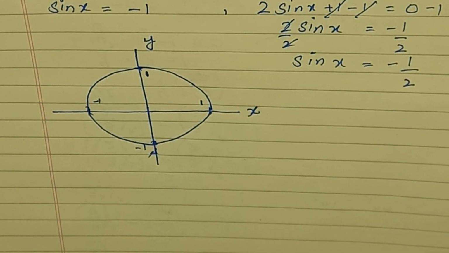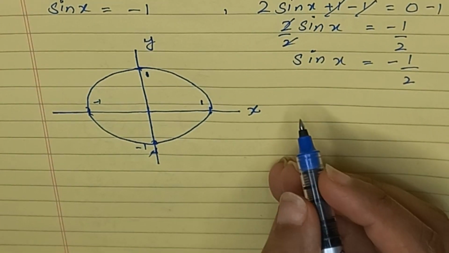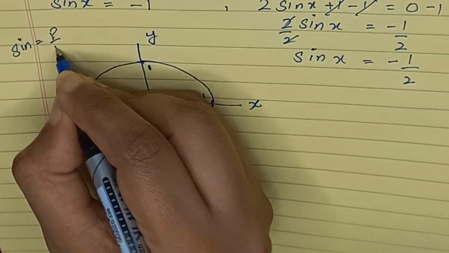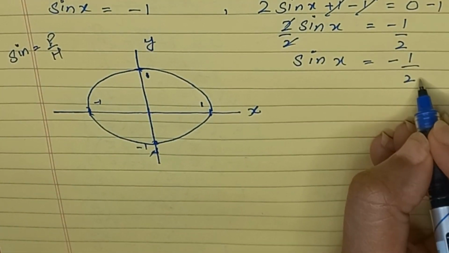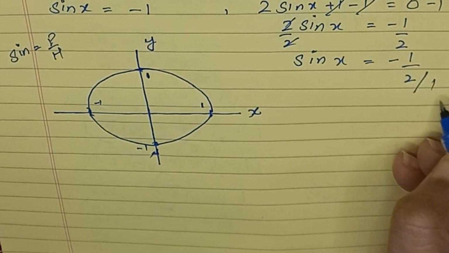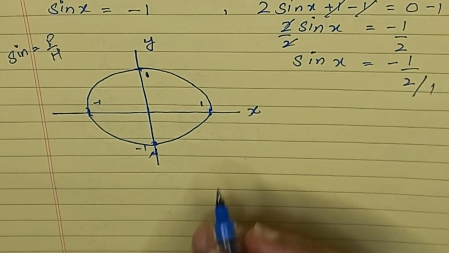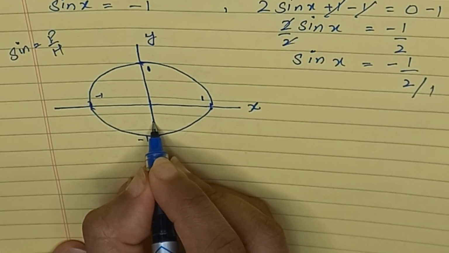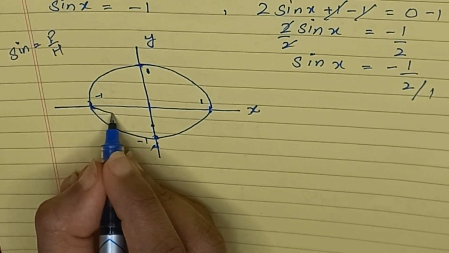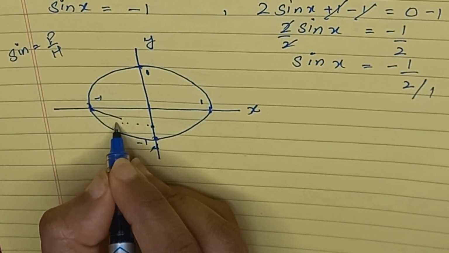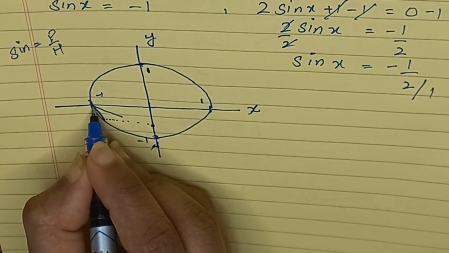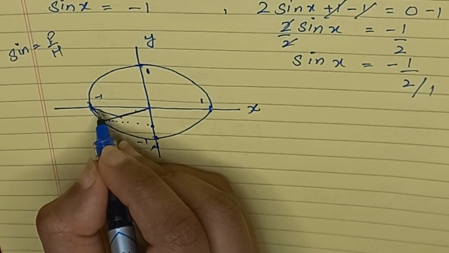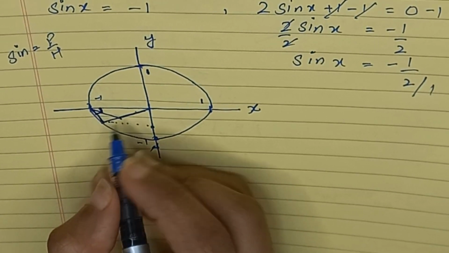So we know that sine is perpendicular over hypotenuse. So here negative 1 divided by 2 is our perpendicular and 1 is the hypotenuse. So negative 1 divided by 2 is approximately here. It will be its perpendicular and here it will make an angle, and it is our right angle triangle.